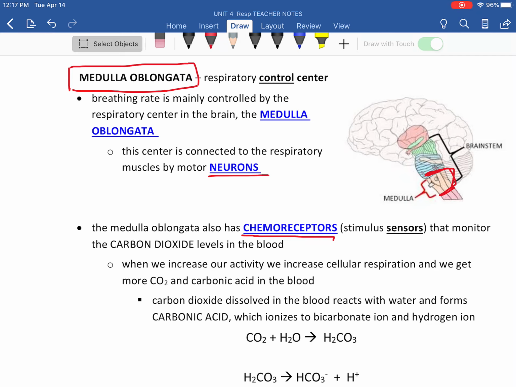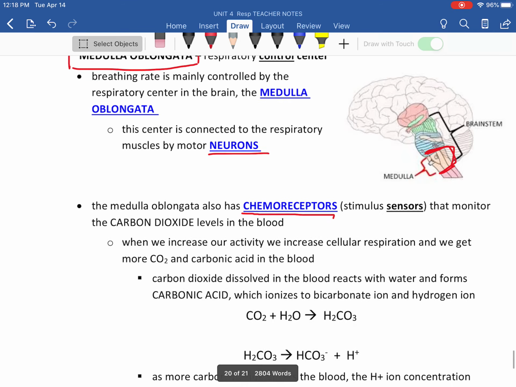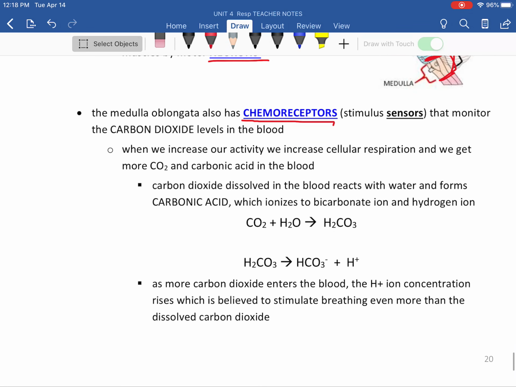That's going to trigger our body to breathe faster and more to get rid of it. Now, the backup mechanism is then going to respond to oxygen. So if our oxygen levels are low, the backup will kick in. But it's actually kind of counterintuitive to think that our body is more sensitive to carbon dioxide.